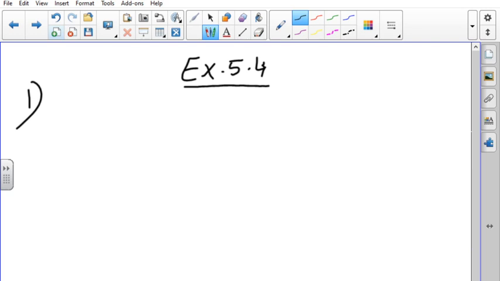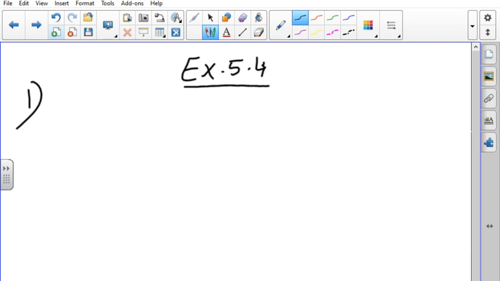Find the equation of the 2 tangents that can be drawn from 5, 2 to the ellipse 2x square plus 7y square is equal to 14. Okay, 2 tangents are to be drawn.